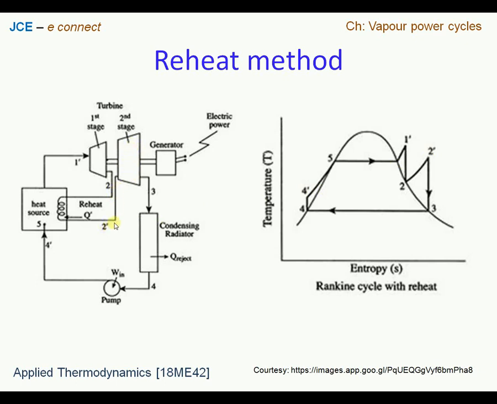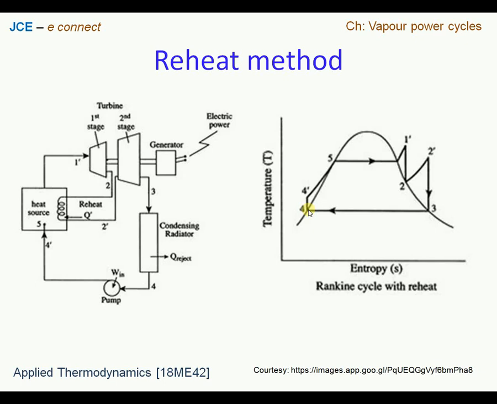So we have the expansion happening from 2' to 3. So 2' to 3 is the next expansion, and then the fluid is subjected to the heat rejection process in the condenser, that is from 3 to 4, and point number 4 is a saturated liquid.